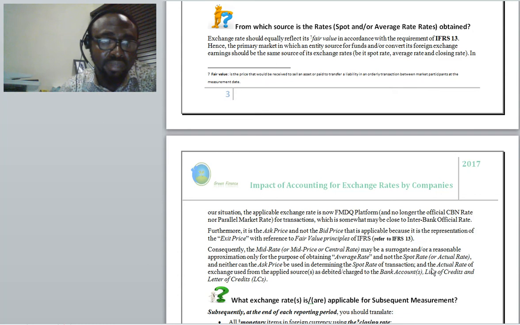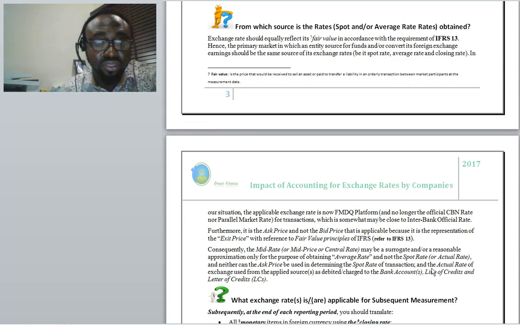The reason being that parallel market rates cannot be validated because it is carried out within the market shadow, which means it's not something that can be validated, even though presently we are seeing a site that can validate, but how appropriate is the information contained therein and how acceptable is it to external investors. That platform, I think, is Aboki FX.